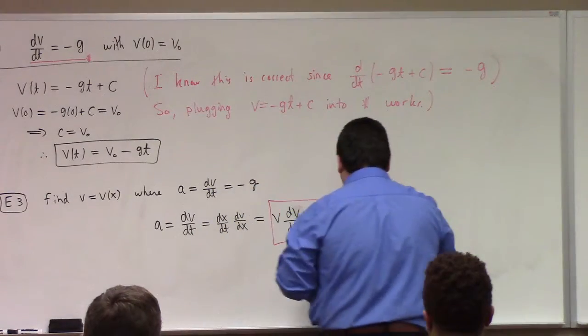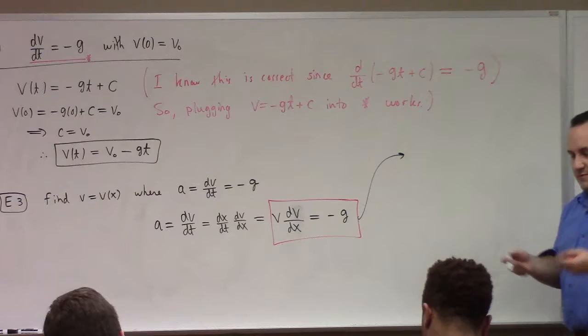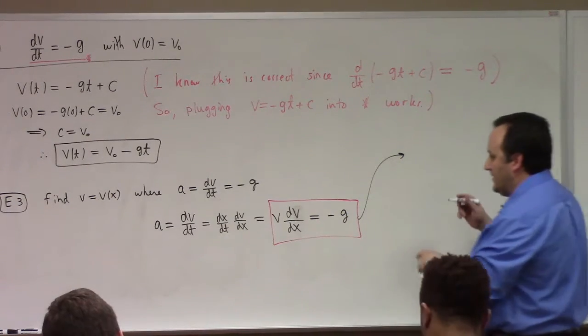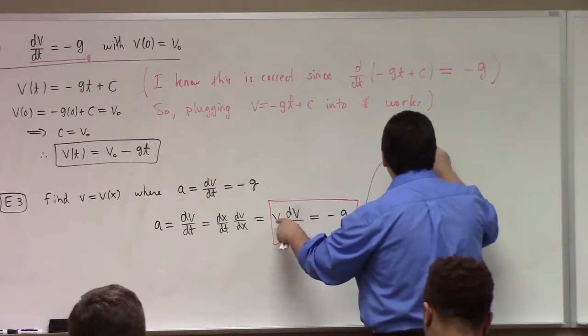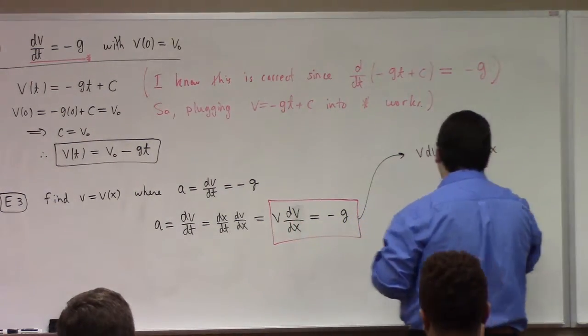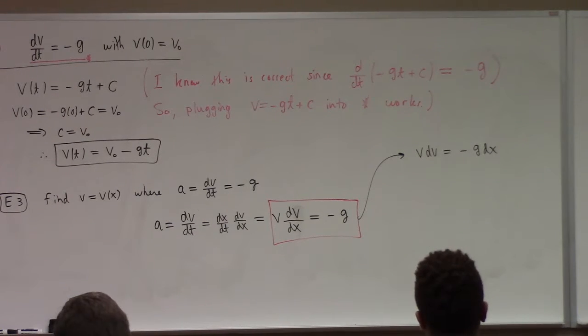Separation of variables, it says you just treat the differentials as if they're little small quantities and do algebra on them, and then you integrate. So in particular, this gives us v dv is equal to minus g dx. Right. So we use this differential notation, and then once you've separated variables, g is a constant, you can integrate both sides.